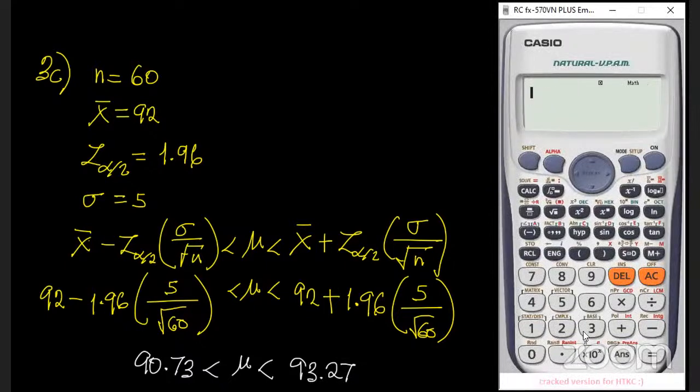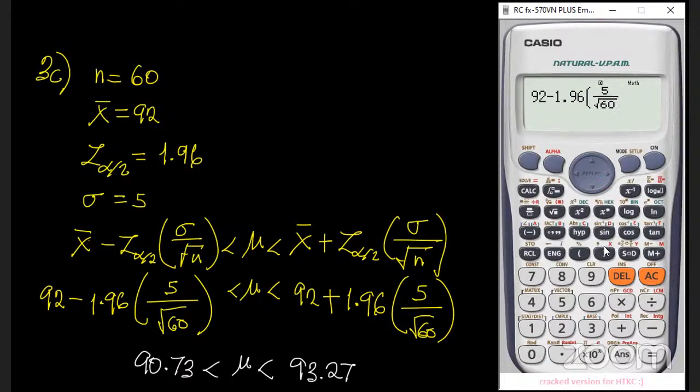Ninety-two minus 1.96 times 5 all over the square root of 60.